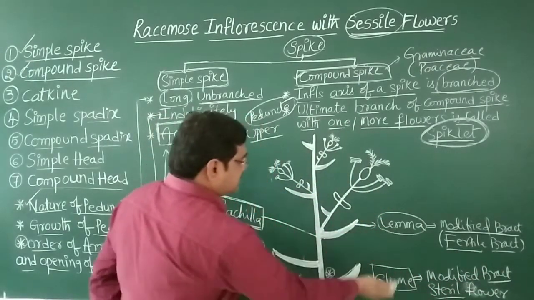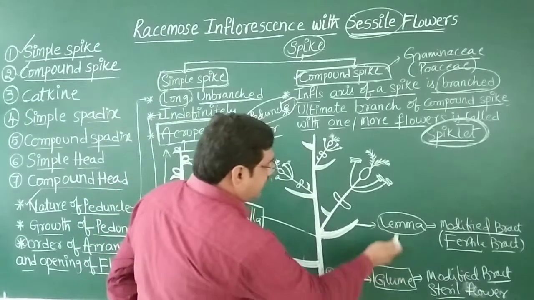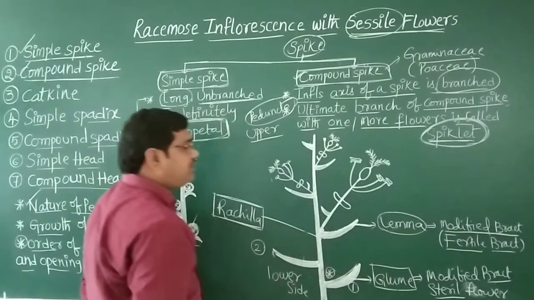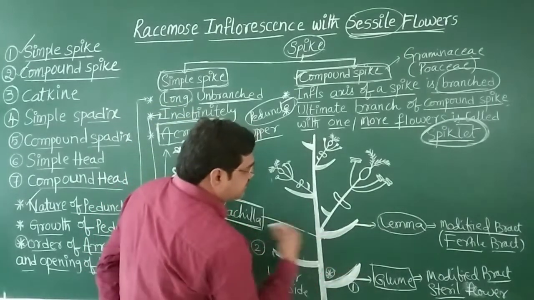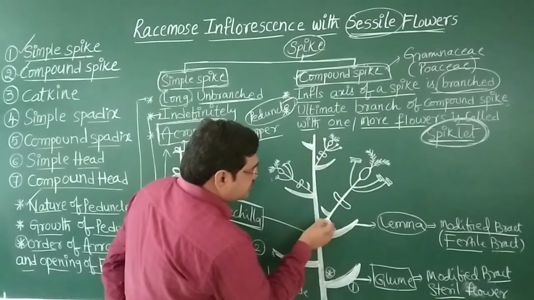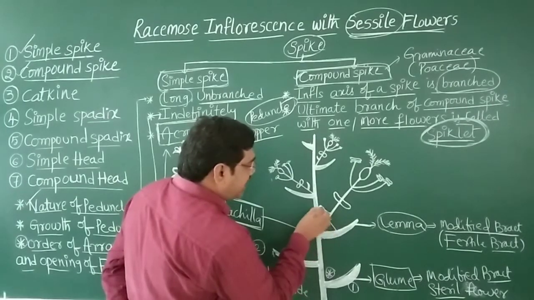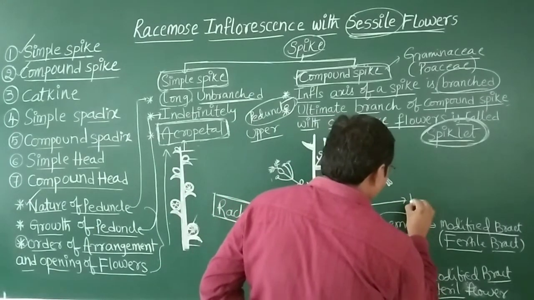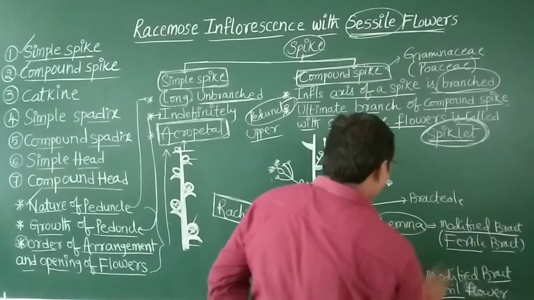Okay? So this is the most important concept here: glumes and lemma are modified bracts. Next, opposite to the lemma, a small leaf-like bract is there. This is the bracteole.